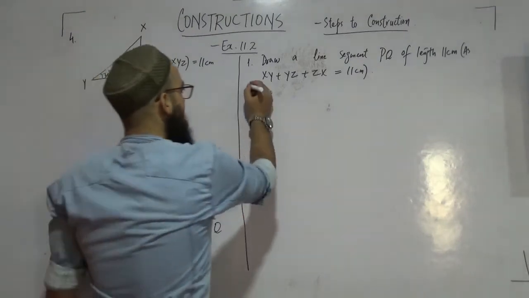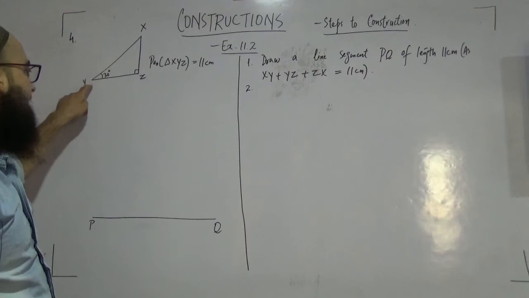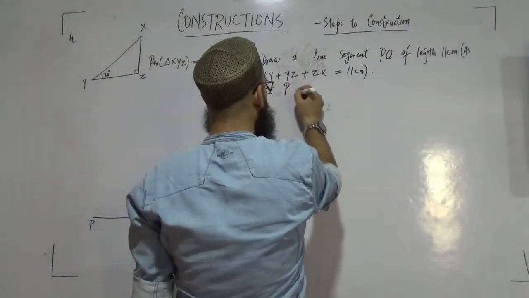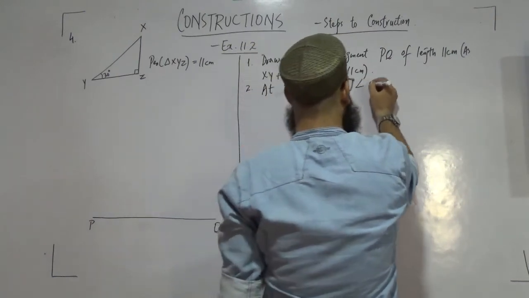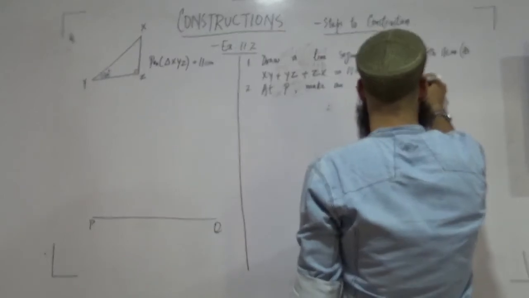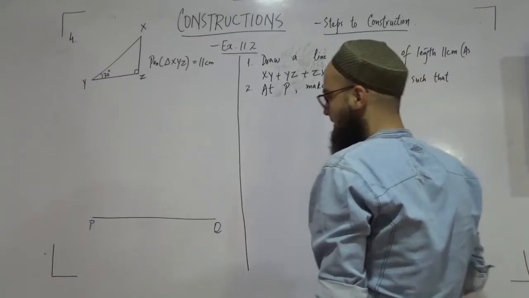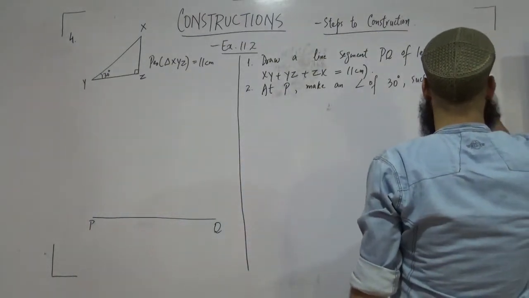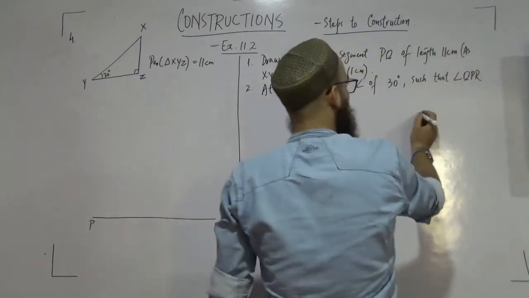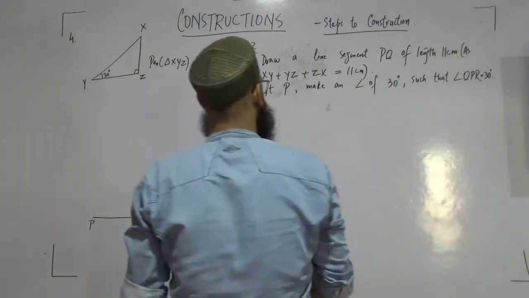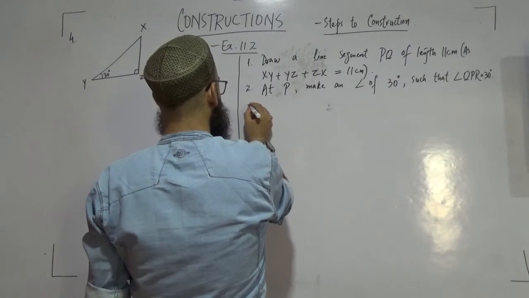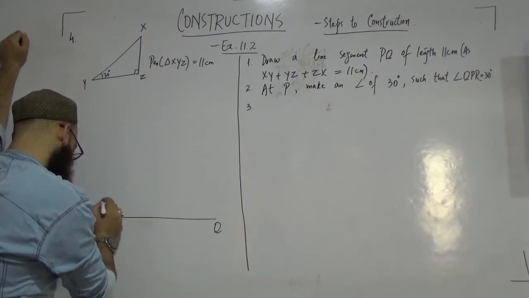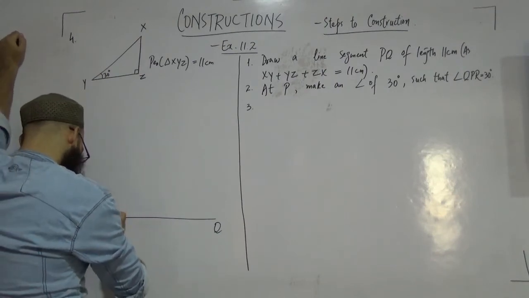Now, next step, at P, make an angle equal to Y. At P, make an angle of 30 degree, name that R, such that angle QPR is equal to 30 degree. Let me make 30 degree here.